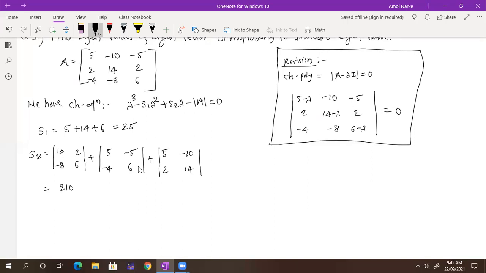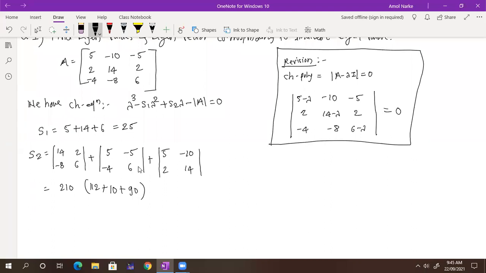So what we are getting, I just write down here. 14, 6 and 96 plus minus 80, 16, so 112, plus this you will get 30 minus 20, that is nothing but 10, plus 14, 5 are 70, 70 plus 20, 90, 100. It comes something like that, no?